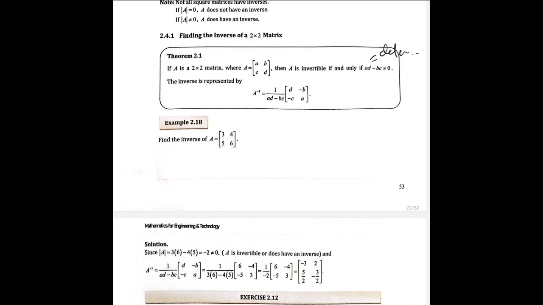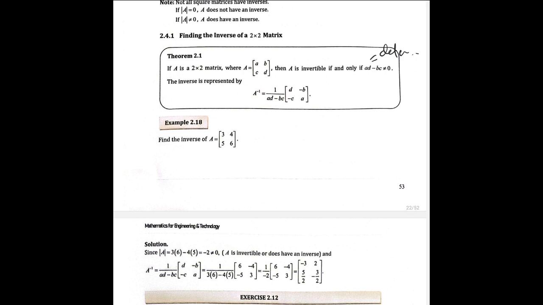When it is invertible, we can use this formula to find the inverse of A. So 1 over the determinant of A, ad minus bc, times a special matrix, which is obtained just by swapping a and d and then changing the sign of b and c, and then multiplying everything by 1 over the determinant.